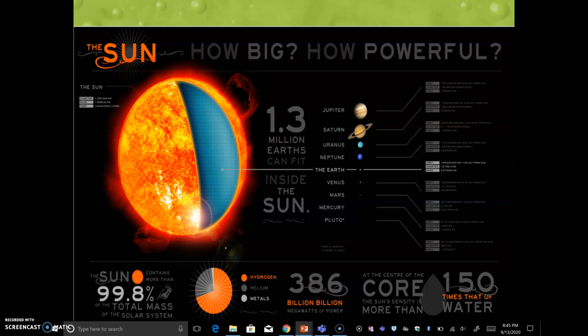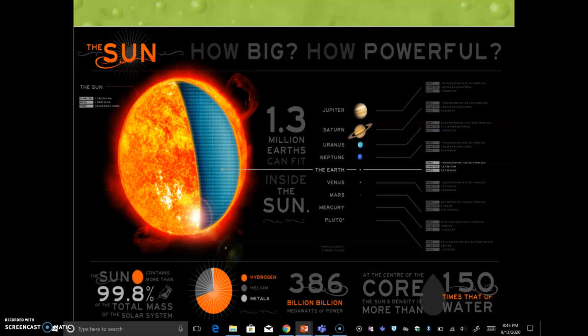So how big, how powerful is our sun? We can fit 1.3 million Earths inside of our sun. So it just gives you the magnitude and size of the sun itself. And it's the center of our solar system. So it's going to be a really important feature.